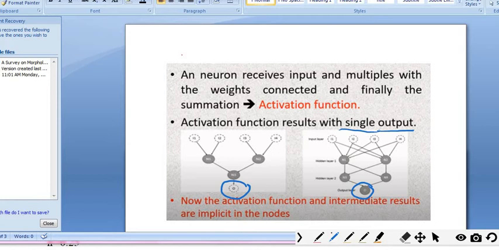In this image, we have 4 input neurons, 3 hidden nodes and 1 output node. Each node we can consider as a neuron.